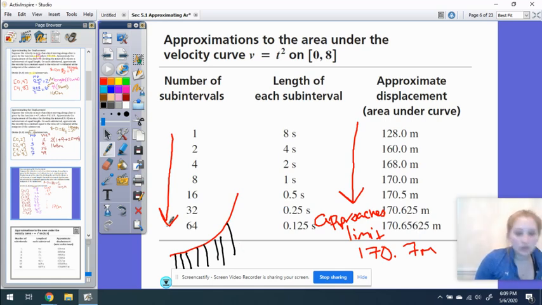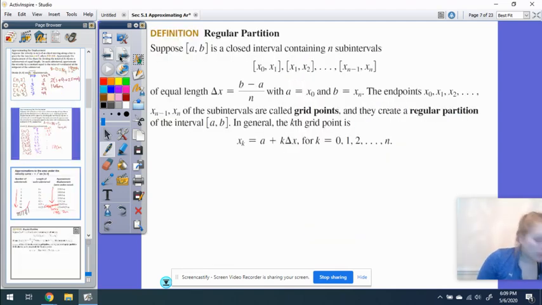Okay, so let's go ahead and do a little bit more. What this is telling me is we are going to create our rectangles, and our rectangles are going to be equal divisions. Let me give you an example.